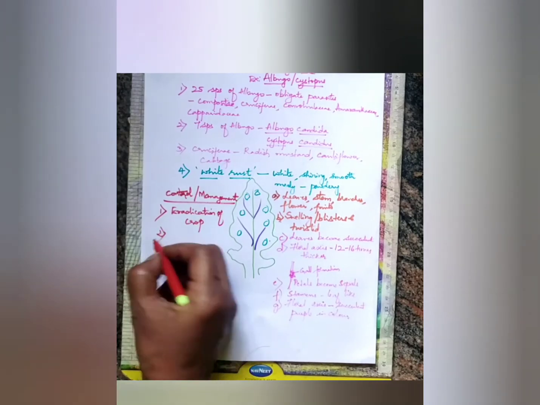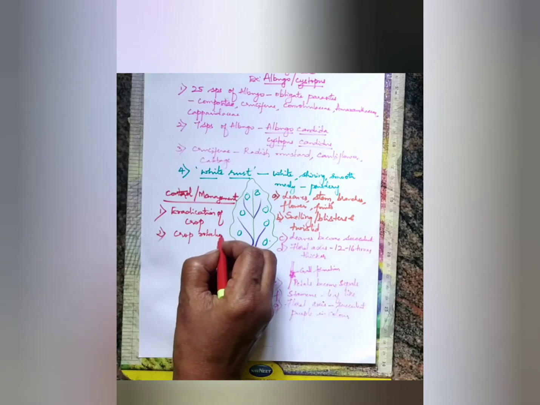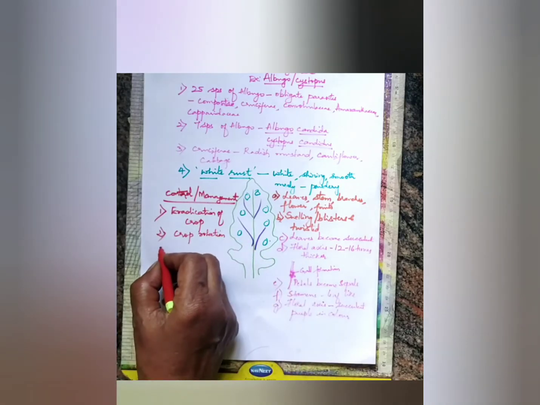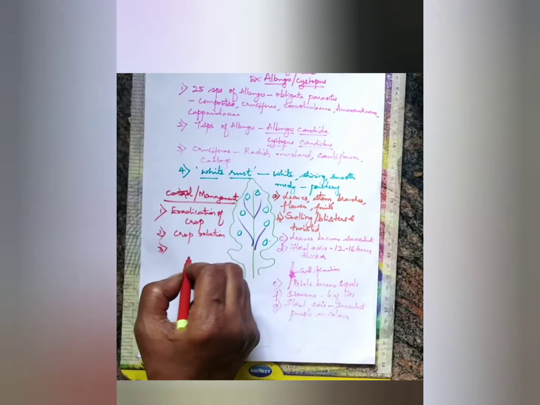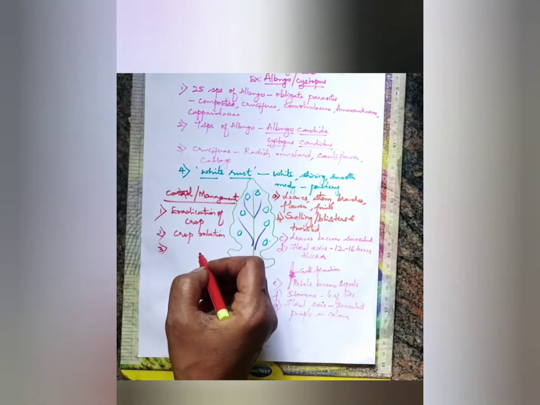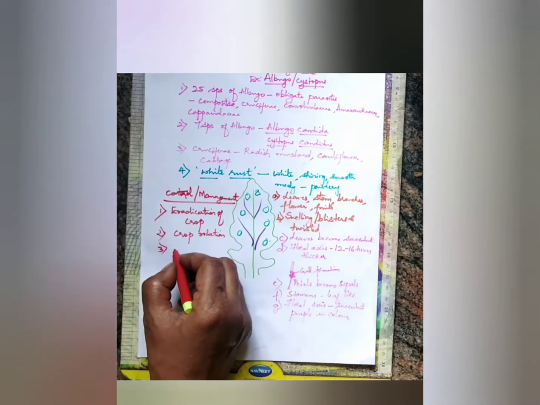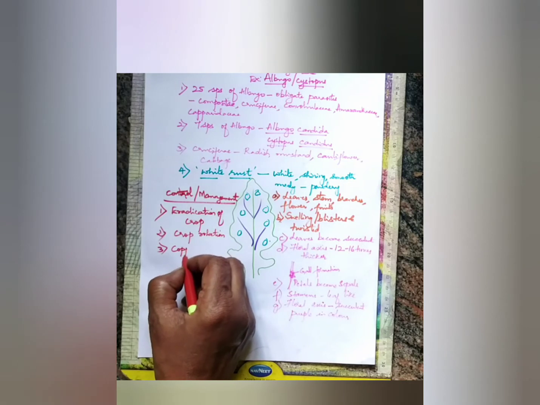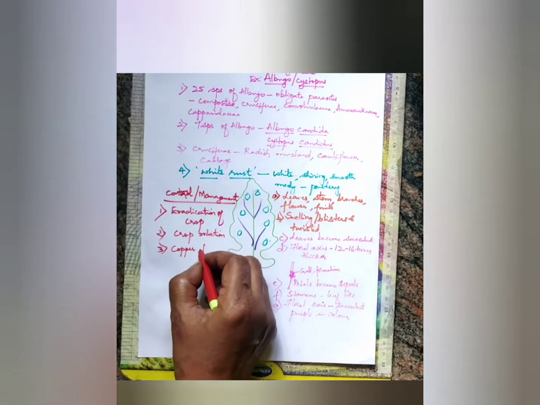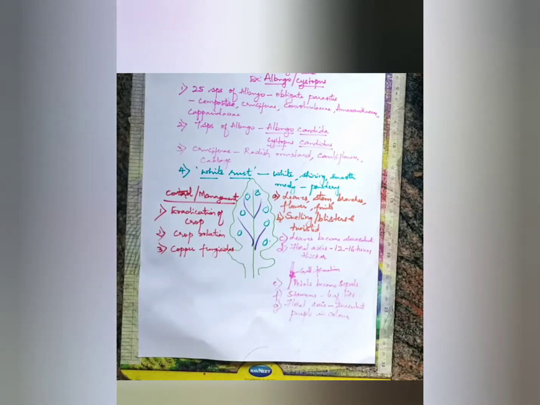Secondly, crop rotation, so that crops may be grown in the same place with two different types of crop so that the disease severity can be reduced. And thirdly, by spraying certain copper fungicides. So this is about the control measures or the management of the disease.